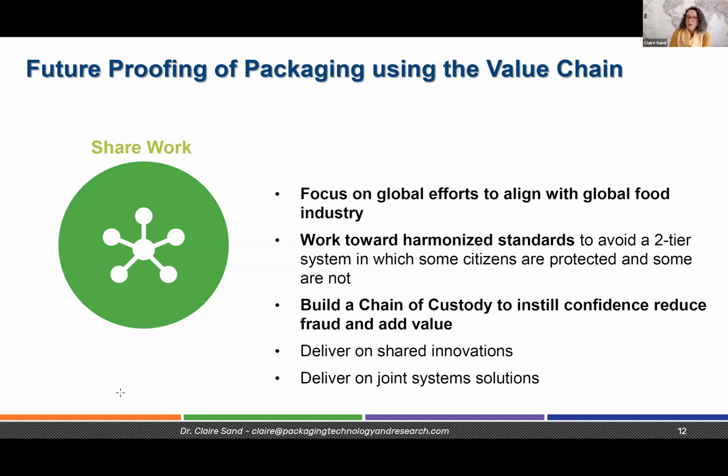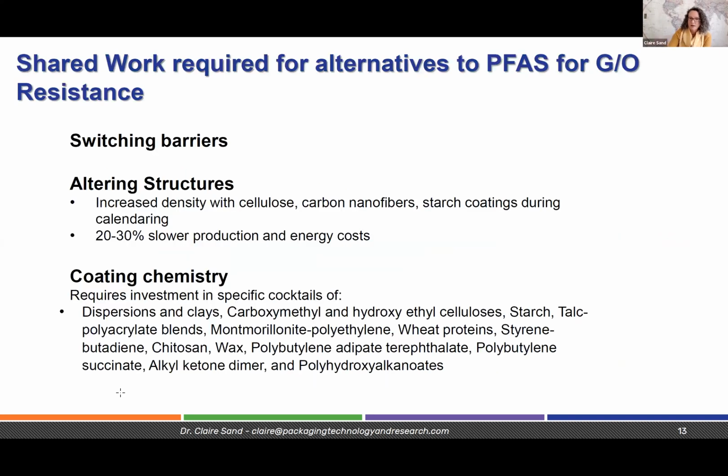The other thing we can really work on is sharing work, and this really involves the value chain and the whole chain of custody. These are some technical solutions, and this is specifically related to grease and oil resistance with paperboard. So the first thing is we can just switch from paper to something else like plastic or glass or metal.